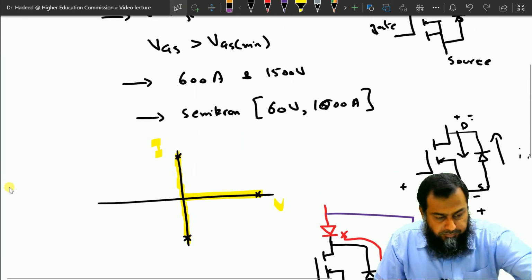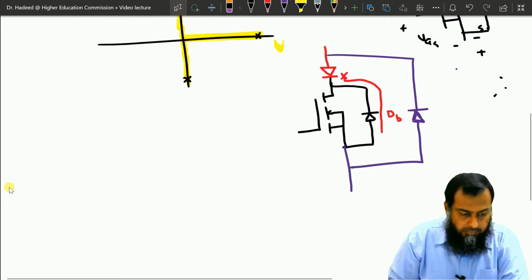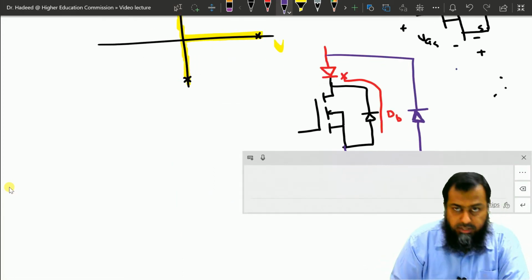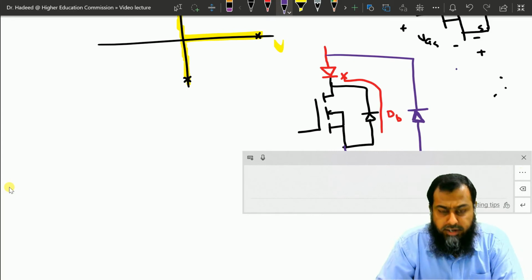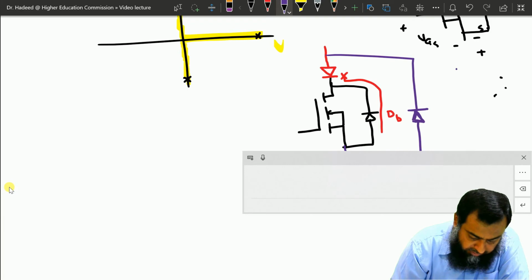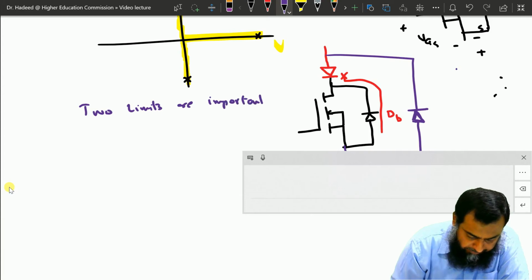Also, if you see here, a MOSFET has two important limits that we shall see in the data sheet. There are two important limits for the safe operation of a MOSFET.